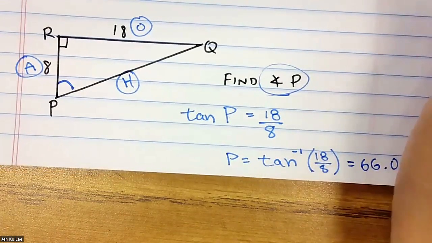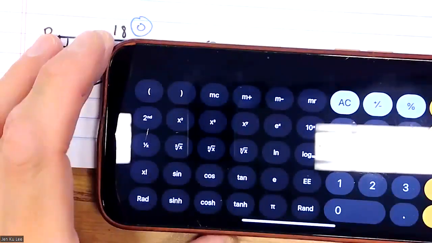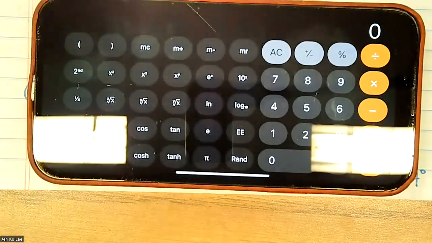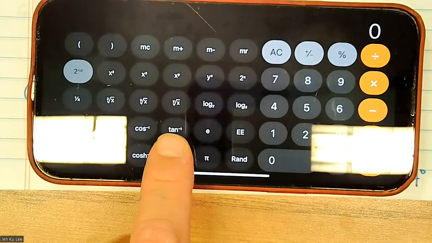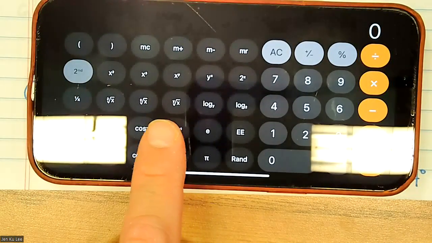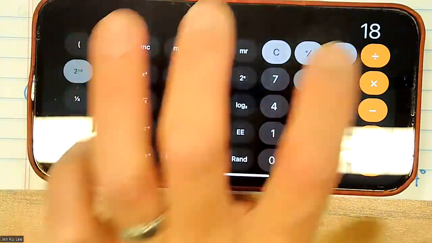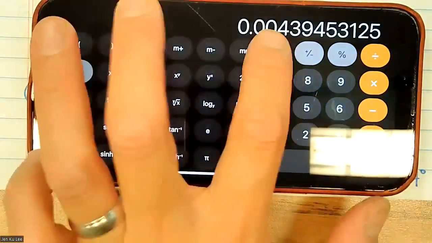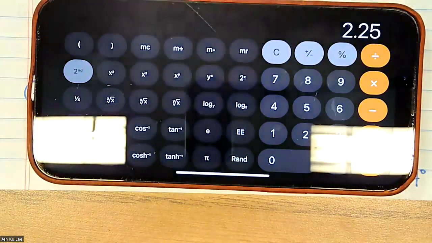Okay. Let's go over that. What you're going to push first is second, right? And you see that button that comes up, tangent to the -1. That's not the button you push first though. Go 18 divided by 8, 2.25.